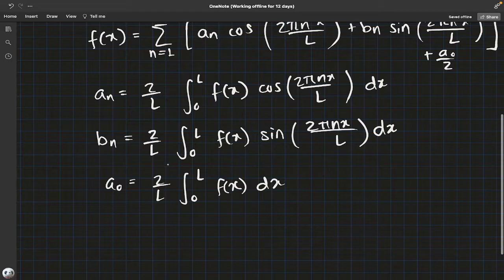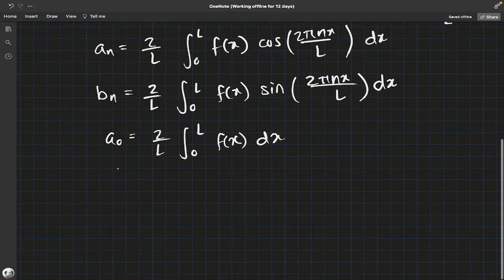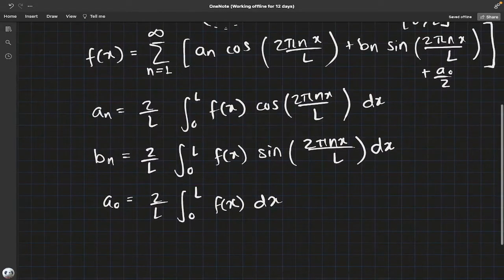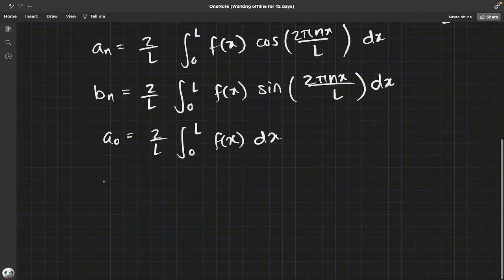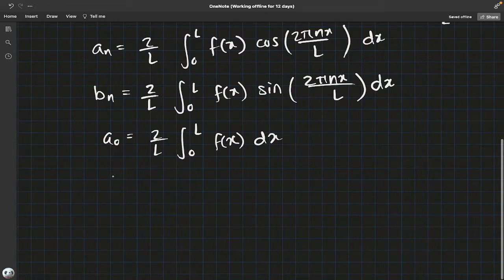How do we get these formulas? It's simple really, because this is a clever observation by Fourier, who first came up with this method, formally at least.